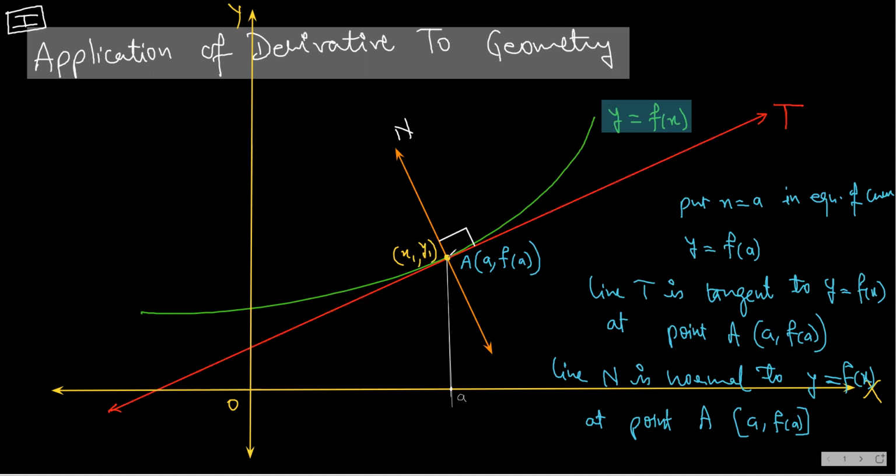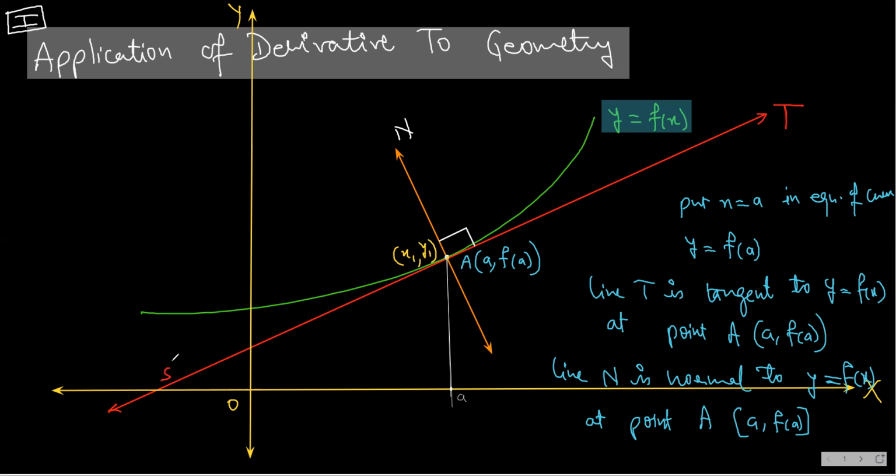Remember, this point is a common point to the curve as well as the tangent. Its coordinates are x1, y1. So I have one point on the tangent and I have the slope of the tangent.